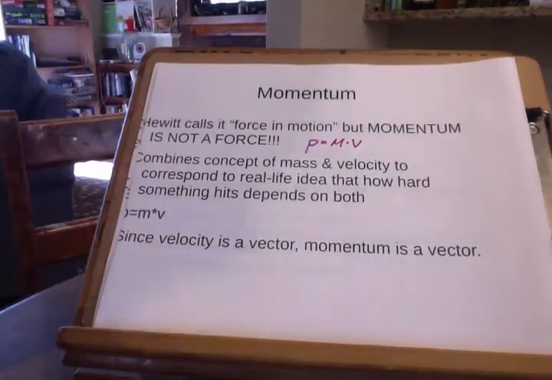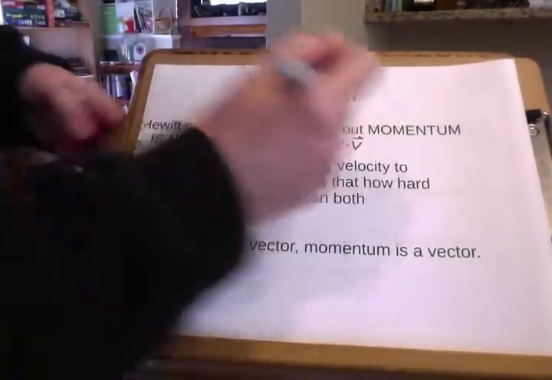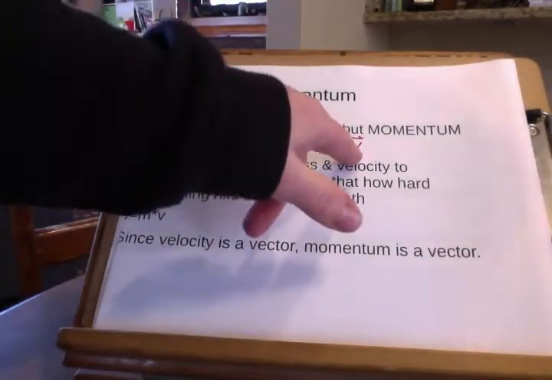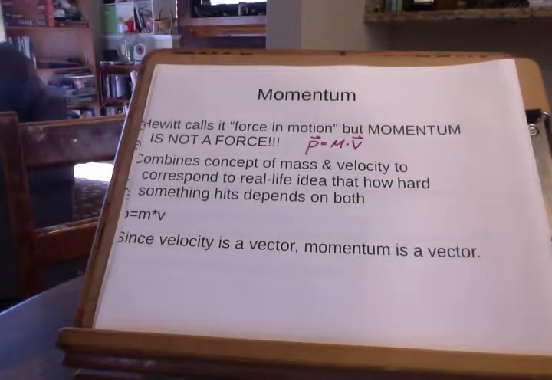Because velocity is a vector, momentum is also a vector, and as we saw when we talked about the gun and its recoil, the momentum of a system that has no net force acting on it has to remain constant. The change in momentum of a system with no net force acting on it has to be zero. That's effectively saying that the velocity has to remain constant. There is no acceleration.